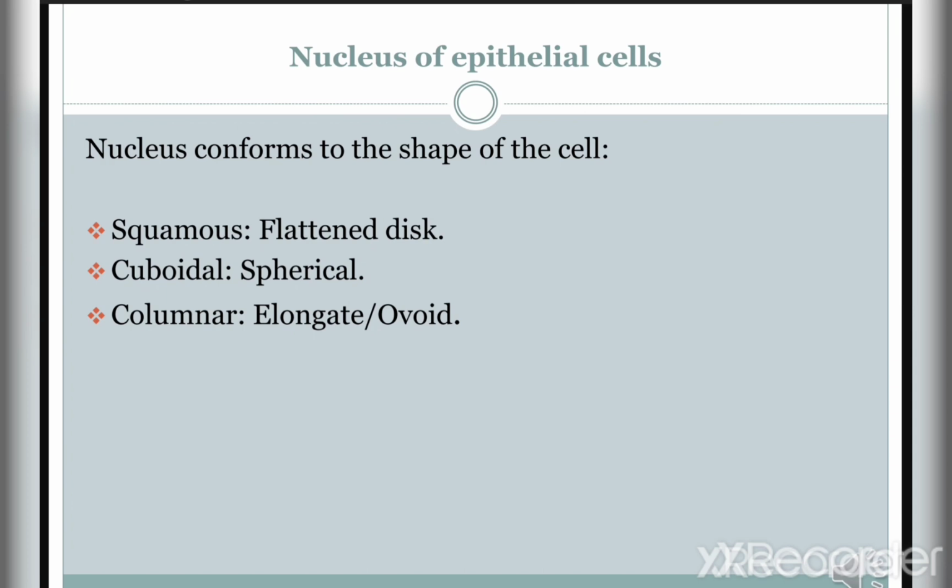If the cell is flattened, the nucleus is also flat. While in the cuboidal one it is spherical. And in the columnar, it is elongated or ovate and situated at the base of the cell.